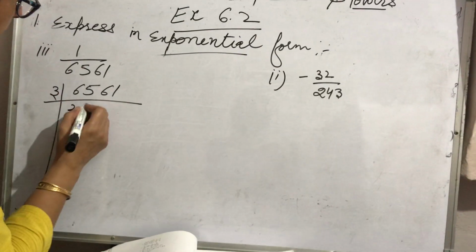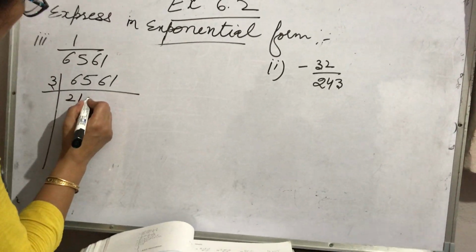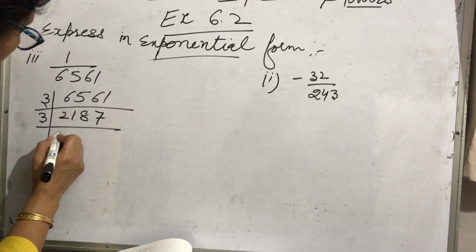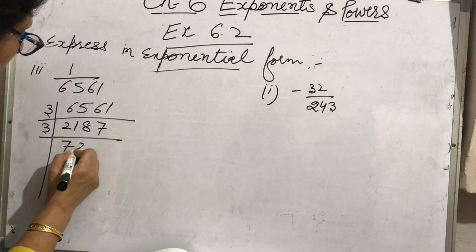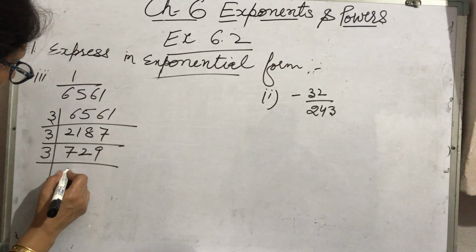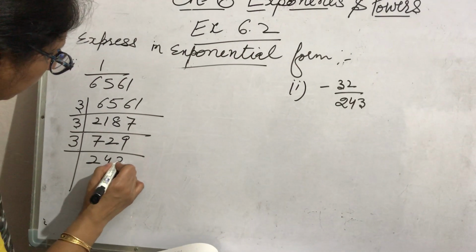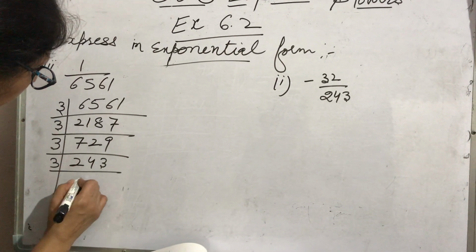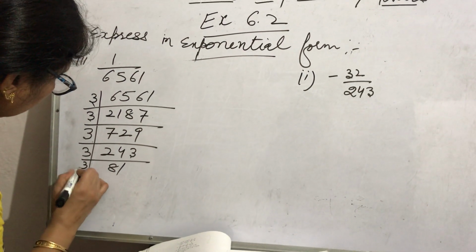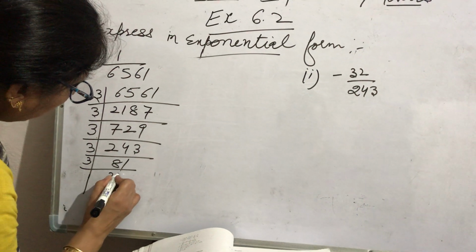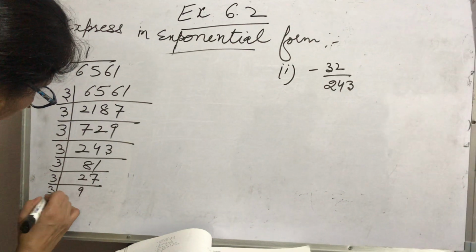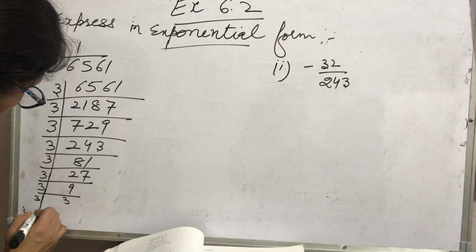3 twos are 6, 3 ones are 3, 2187. 3 seven are 21, again 3, 729, then 243, 81, again 3, 27, again 3, 9, 3, 3, 1.